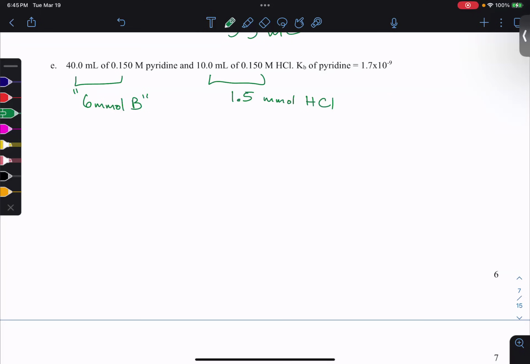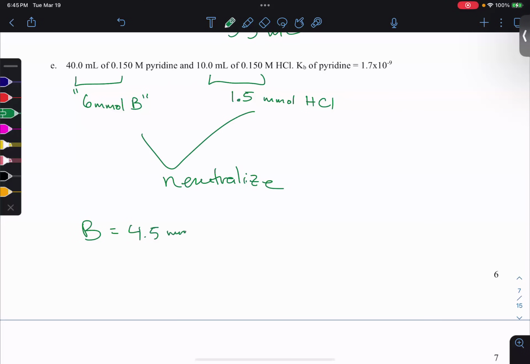Does that mean my base to acid ratio is 6/1.5? It is not, because I'm adding HCl. After this neutralizes, how much base do I have left over? I try to make the numbers easy. It's going to be 4.5 millimoles. But then how much conjugate acid do I have? 1.5 millimoles. So that is my base to acid ratio that I use.